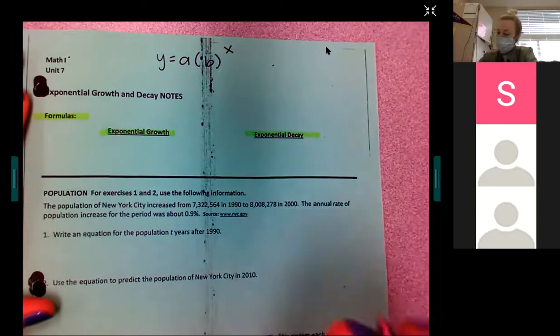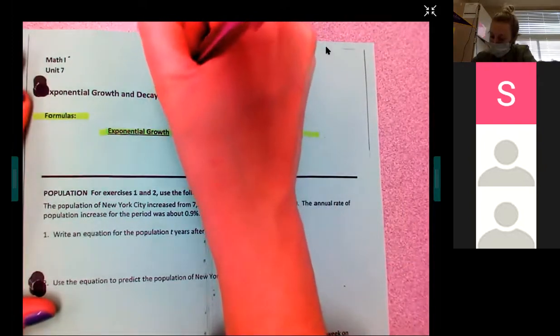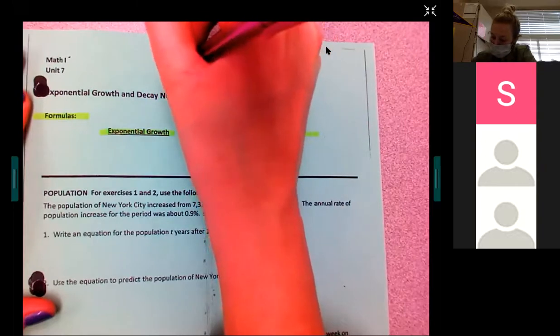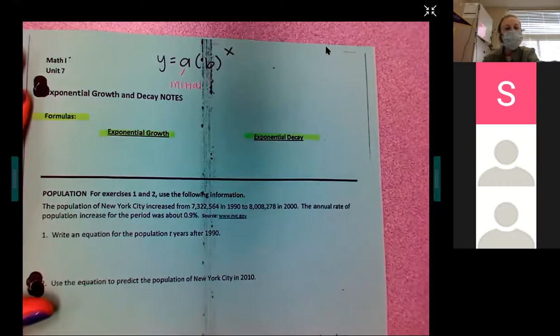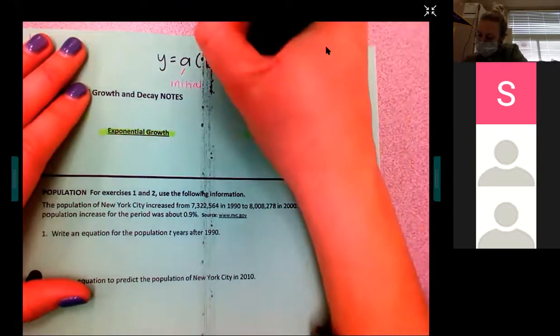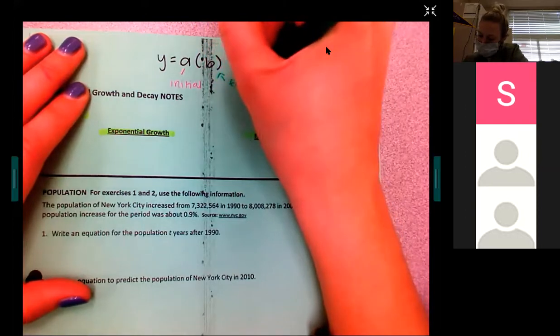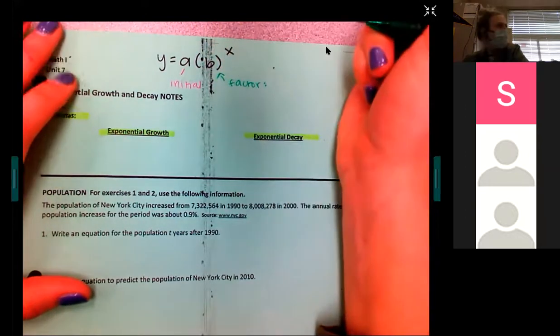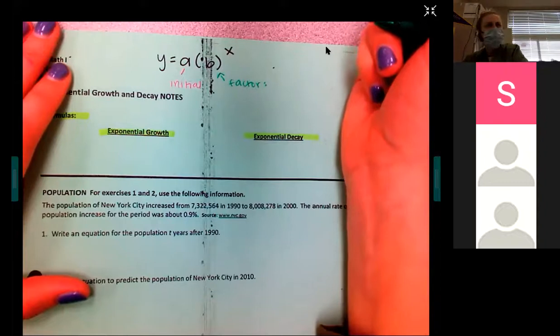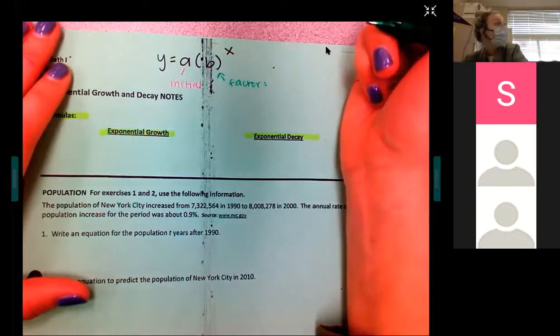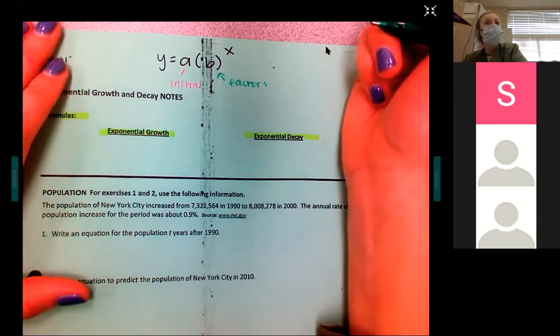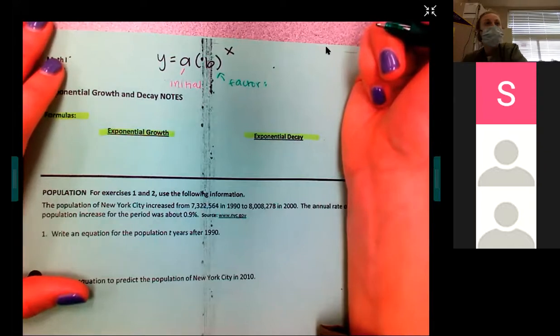What does the A stand for? Initial. What does the B stand for? The factor, which is the what? Oh no, remind me what a factor is. I know y'all didn't just look. Number you multiply by. So what we talked about last week, my people who were online last week, y'all listen real quick.